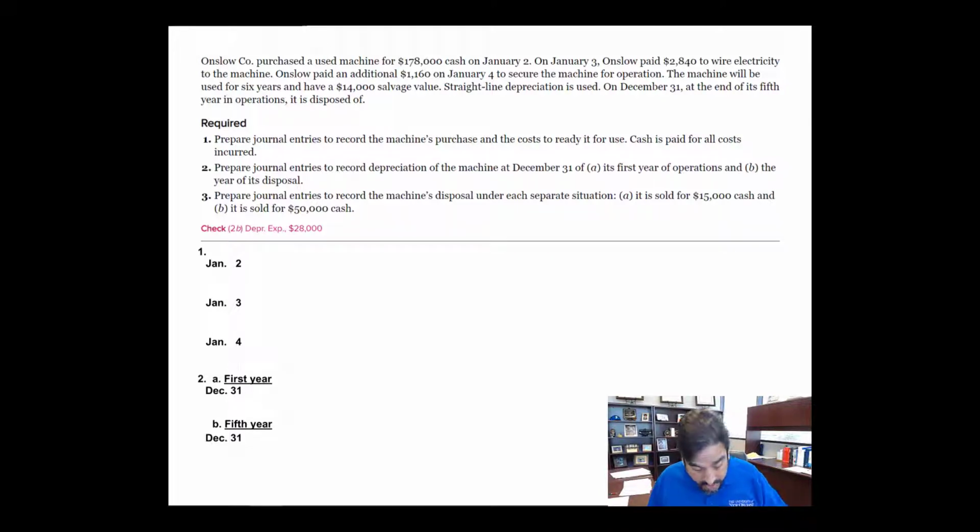So I'm just going to call this machine. $178, and cash is paid for all costs. So cash, 178. Machine is an asset account. We're increasing it. We do that with a debit. Cash is an asset account. We're decreasing it. We do that with a credit.